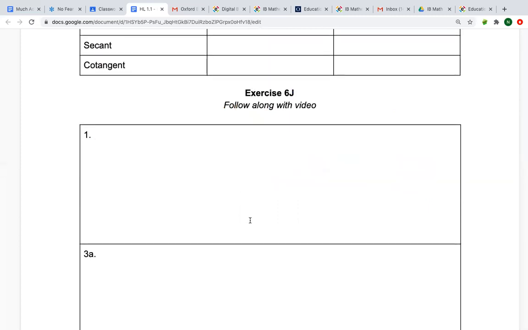So problem number 1 is secant of pi over 6 minus cotangent of pi over 3.